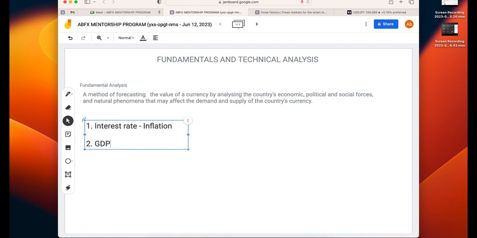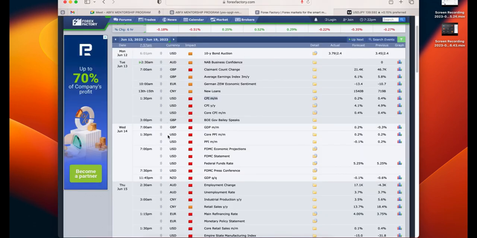Higher GDP is evidence of growth in that particular economy. And if there's growth, it means more investment goes into the economy, and people will demand more of their currency, right? So if they're releasing data, you come on a particular day and you say, oh, they are releasing GDP data. For example, on Wednesday at 7 a.m. they're going to be releasing GDP data for the pound.